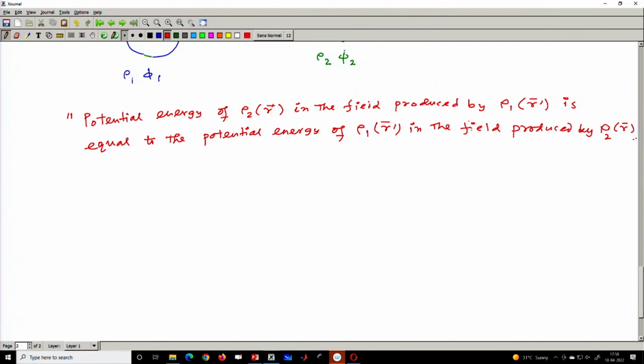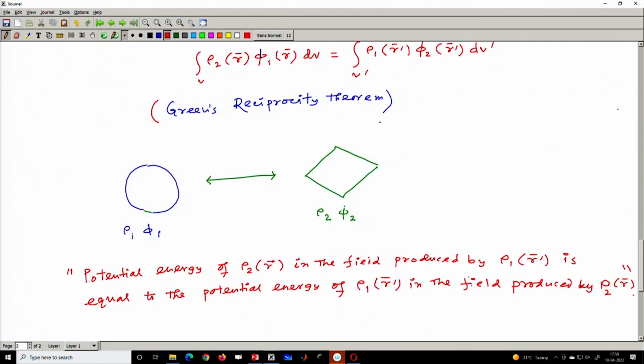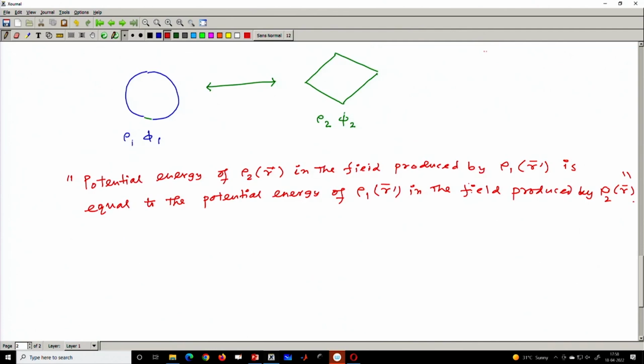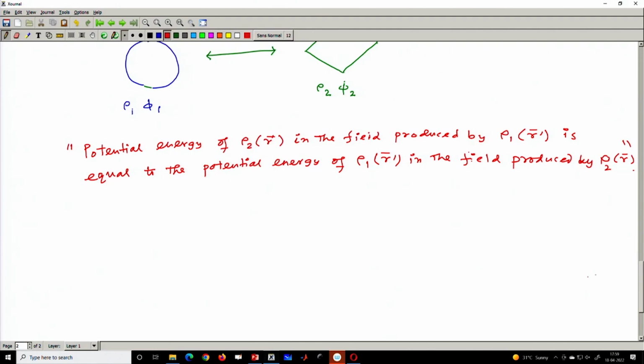Which is at r. So, the statement is straightforward: whatever potential energy we have because of the charge distributions rho 1 and rho 2, the potential energy of rho 2 in the field produced by rho 1 is the same.